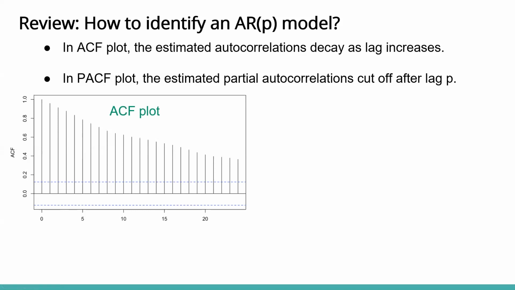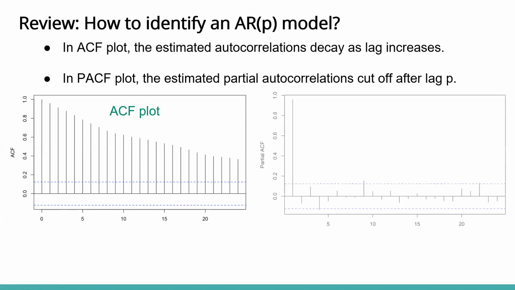So that is the ACF plot, like I said. And the partial ACF, this is the autocorrelation at lag 1, and immediately after lag 1 it is going to cut off. Can you see that now? When this one cuts off, I'm referring to an autoregressive model of order 1.